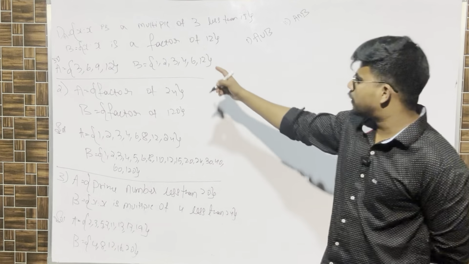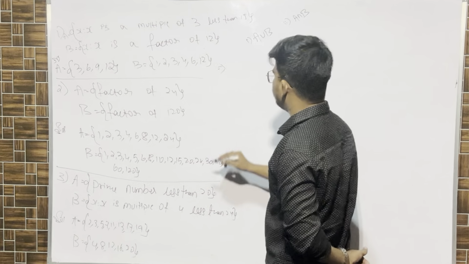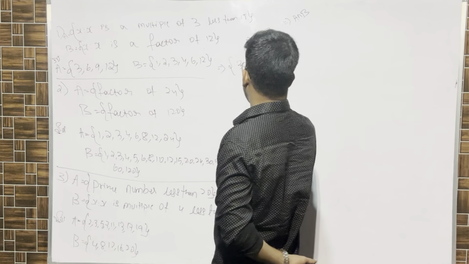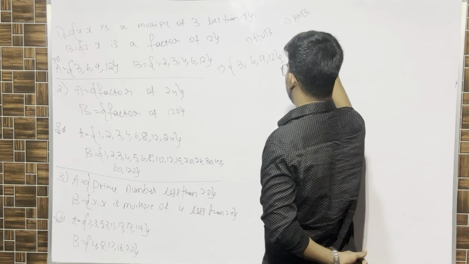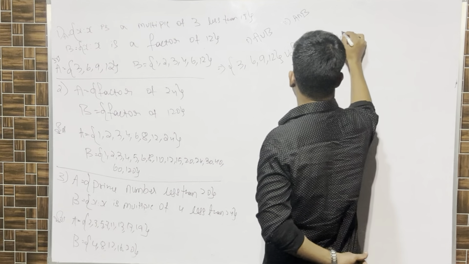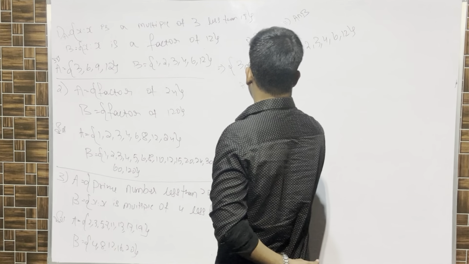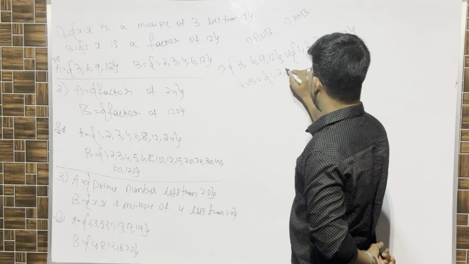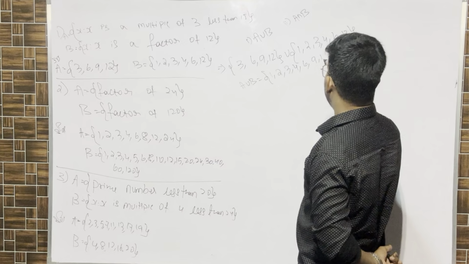Let us find union first. Let me write the sets again. 3, 6, 9, 12 and 1, 2, 3, 4, 6, 12. A union B is 1, 2, 3, 4, 6, 9, 12.